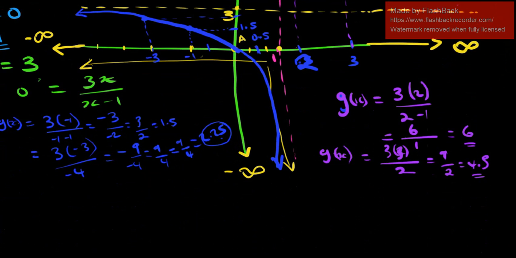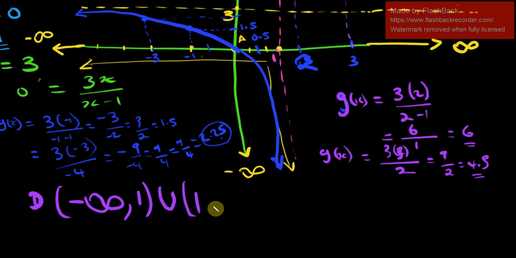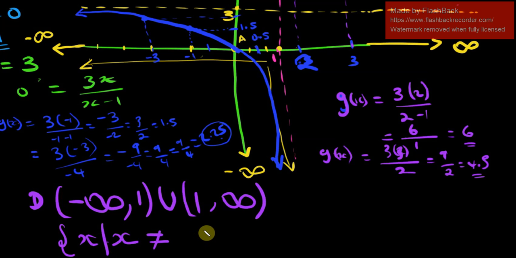The domain is all the values from minus infinity to 1, union 1 to positive infinity, which you can also write as all the values of x are valid for our rational function except for the zeros of the denominator, which is 1.